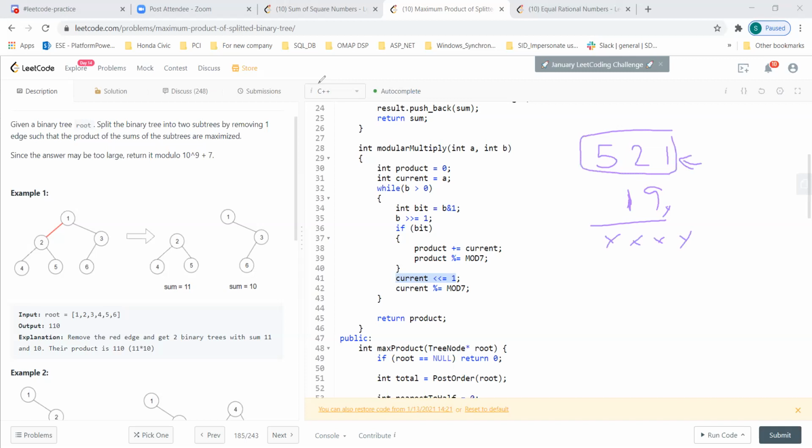So that is what he's doing here, but it is a bitwise operation. Whenever you multiply this, your 521 will come over here, so it is 1 digit shifted towards the left side. That is what he does for the current also.